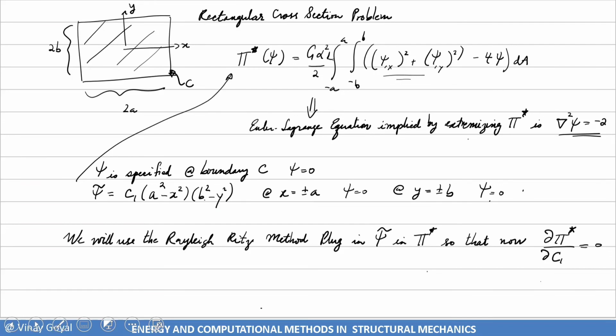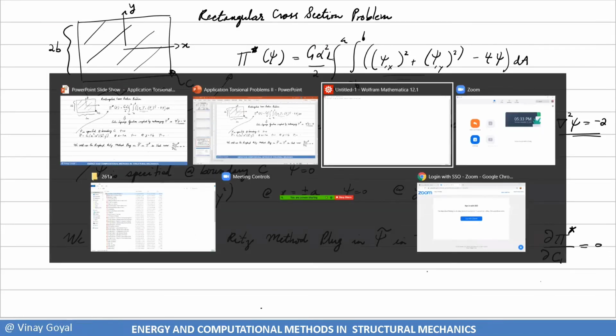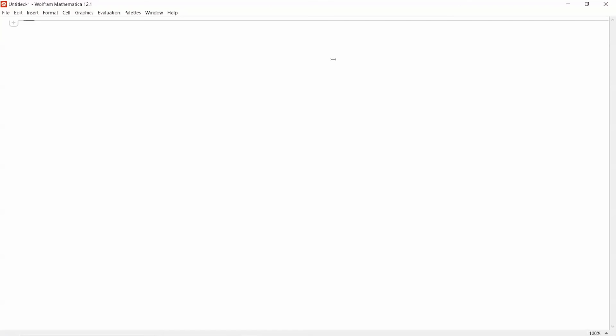I apologize for that. And now what I'll do, I'll go to Mathematica, and I'm gonna create a functional pi star, which is G times alpha squared times L divided by 2, integrate, and we have to integrate twice.